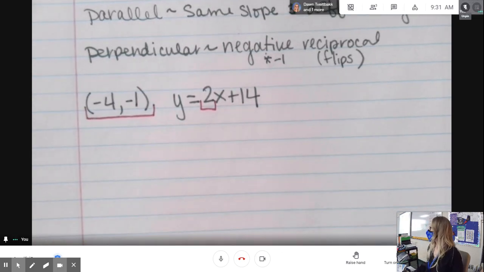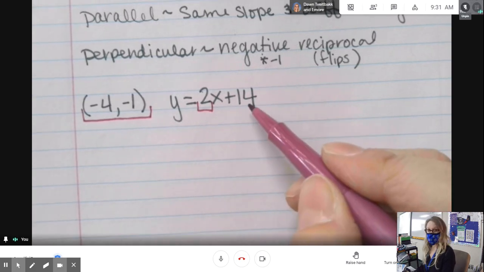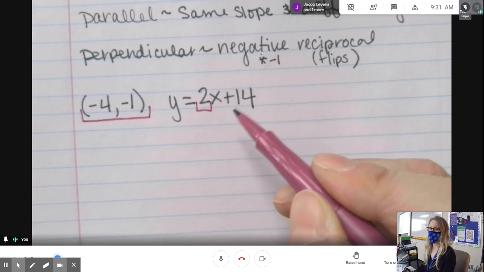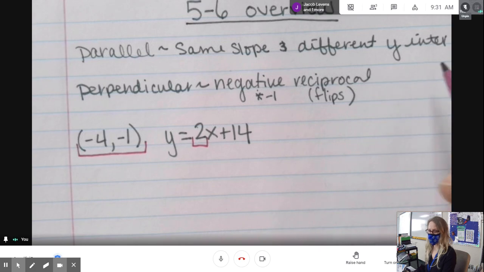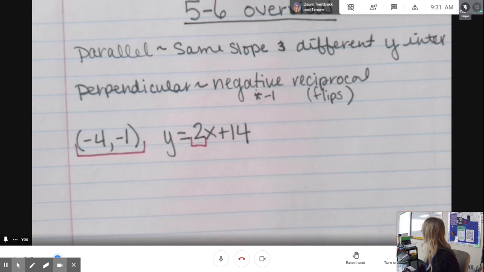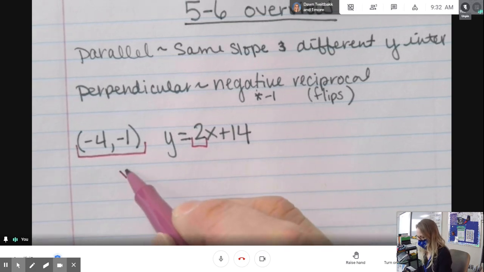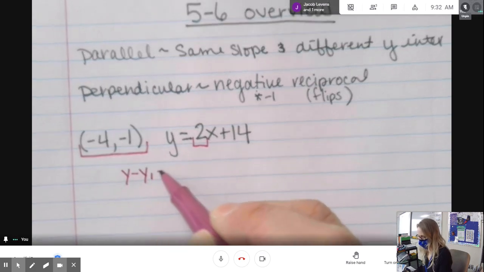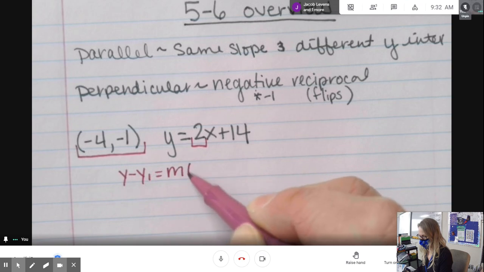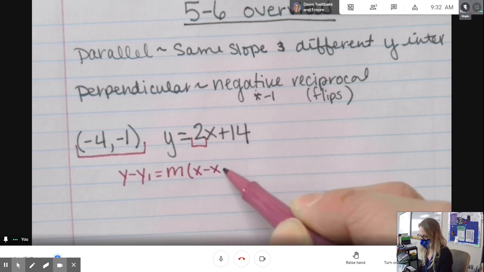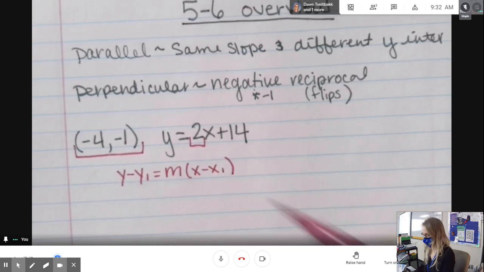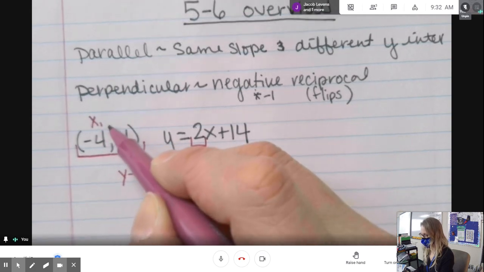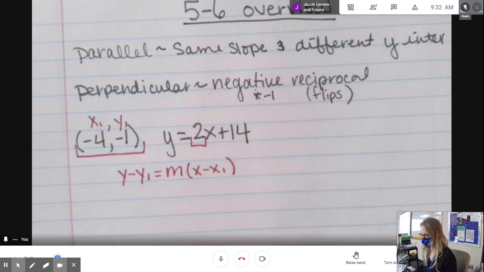So remember, we are not going to use this because it needs to have a different y-intercept. We want to start with this form of the equation. This is my x sub 1 and my y sub 1, and this is m.